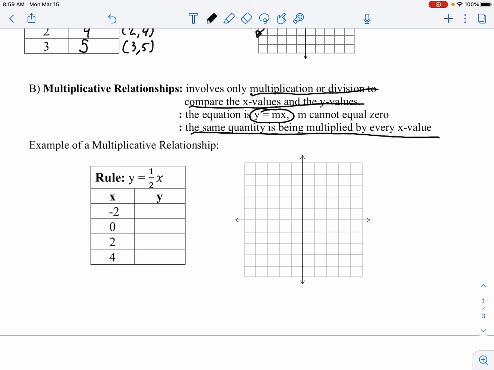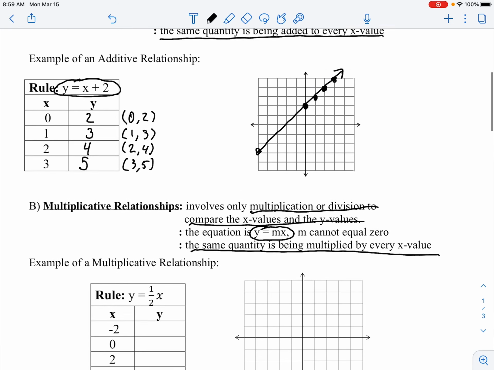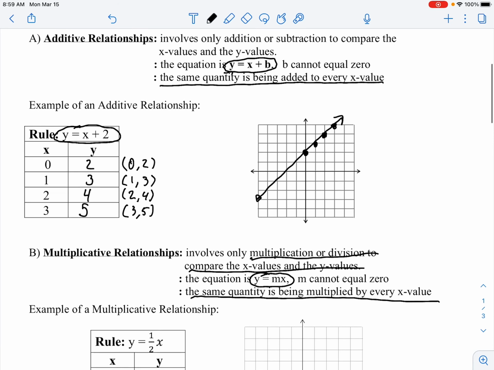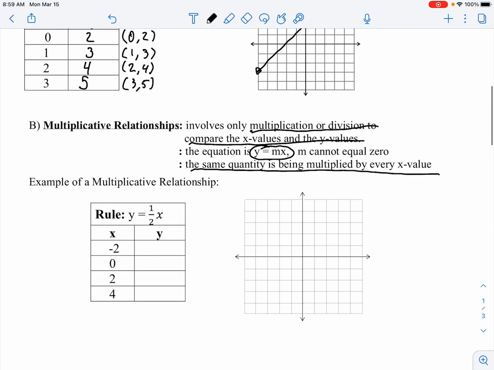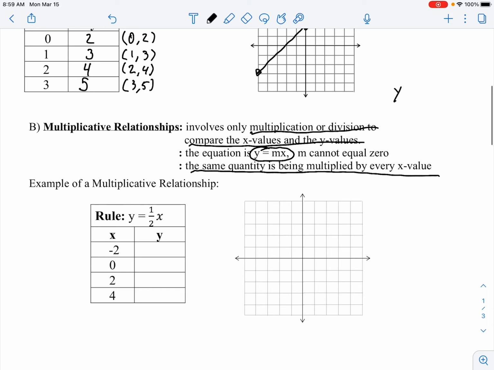So the same quantity is being multiplied by every x value as opposed to added from up above. You can see how these two equations are a little bit different. For additive, we had y equals x plus b. And for multiplicative, we have y equals m times x. Those are the two subtle differences here.